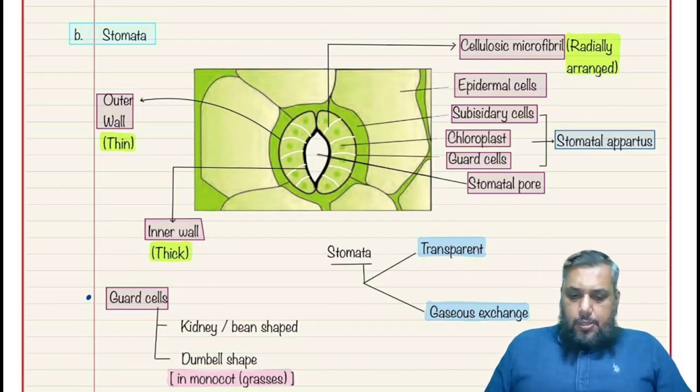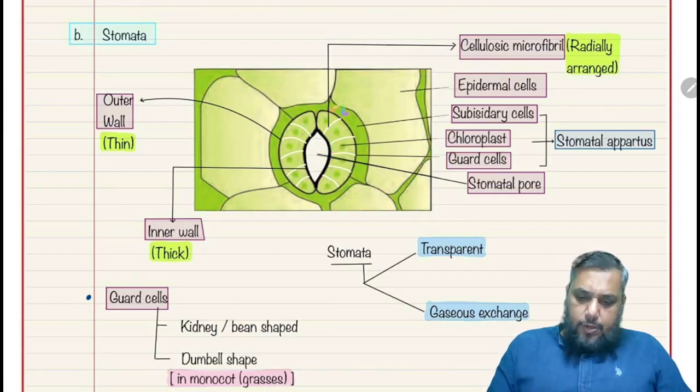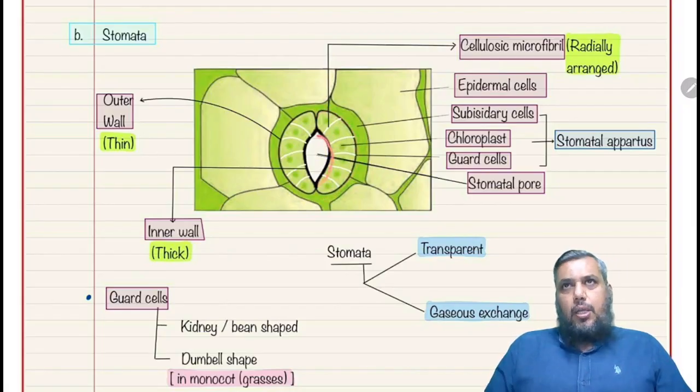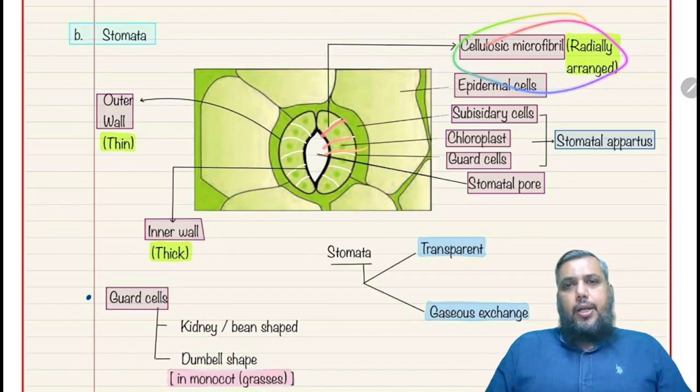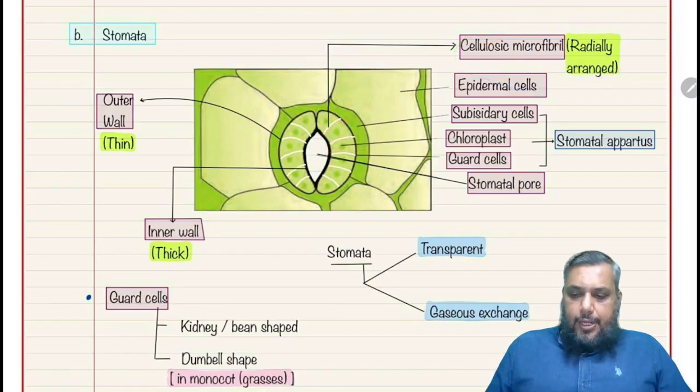A typical dicot guard cell shows the presence of an outer wall which is thin, an inner wall which is thick, and cellulose microfibrils which are radially arranged and that help in the opening and the closing of the stomata.